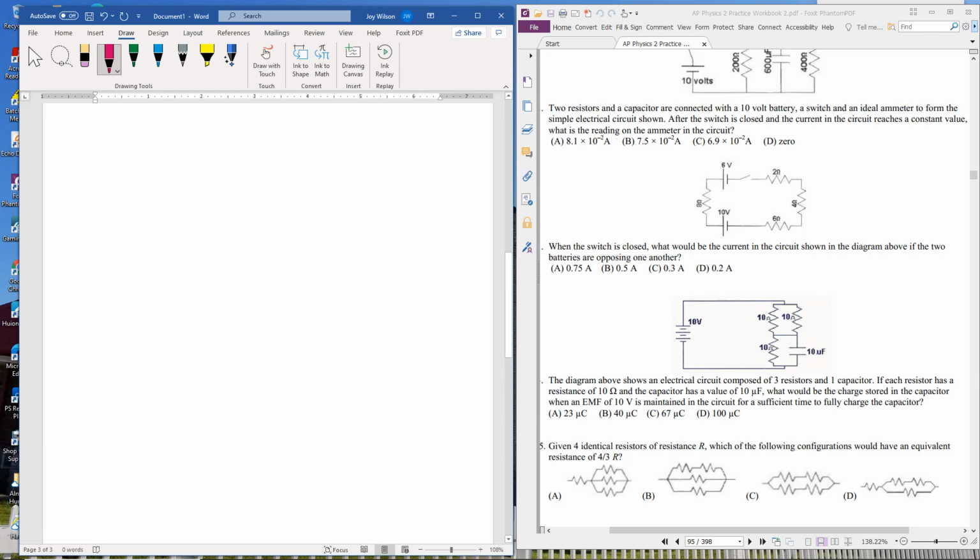Number one, here's our quick hitter review for capacitance. Number one, capacitors in series add to find total capacitance as reciprocals.